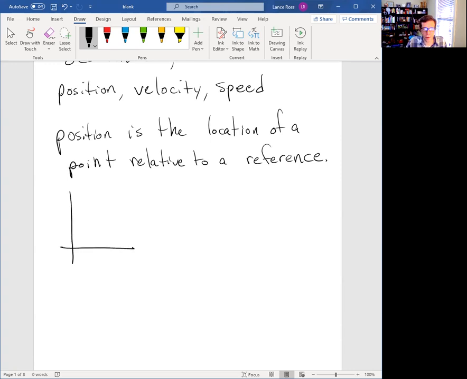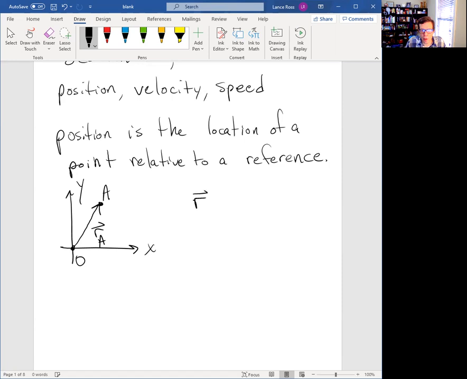So if we have our XY coordinate system, and here's our origin, we have a point A. If we want to describe the location of that point A, we're going to draw a vector from the origin to A, and I'll label that vector R sub A because it's the position of A.